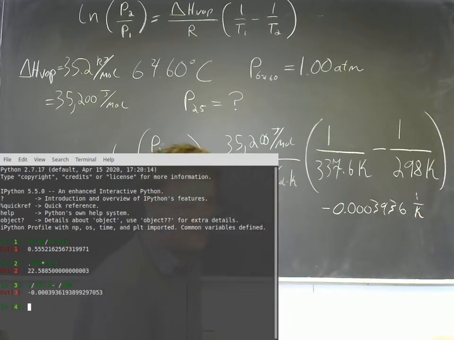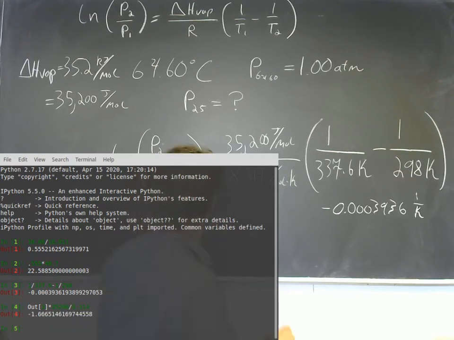Okay, and now I'll take that number and multiply it by my enthalpy of vaporization and divide it by the gas constant. So we'll take that answer and multiply it by 35,200 and divide by 8.314.